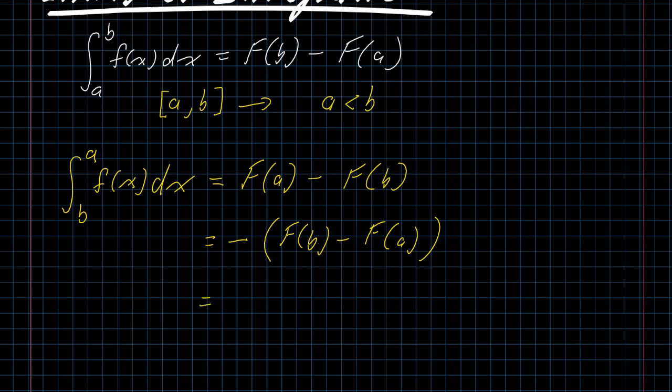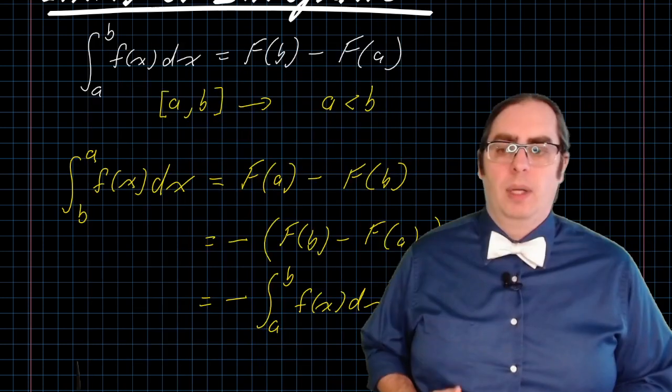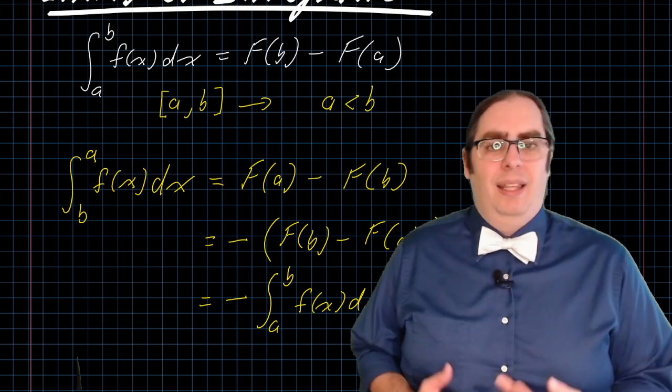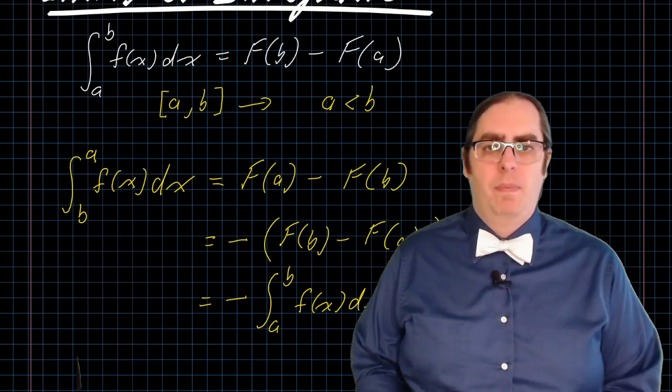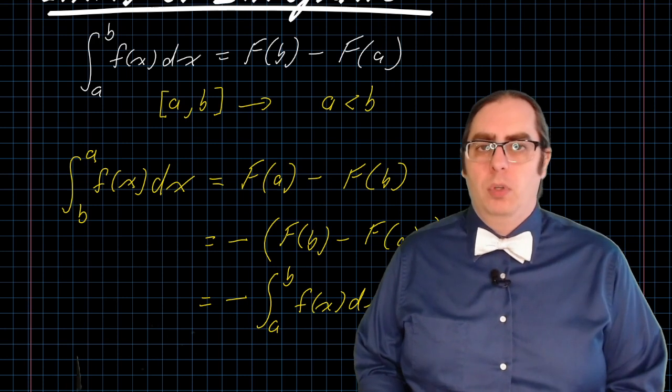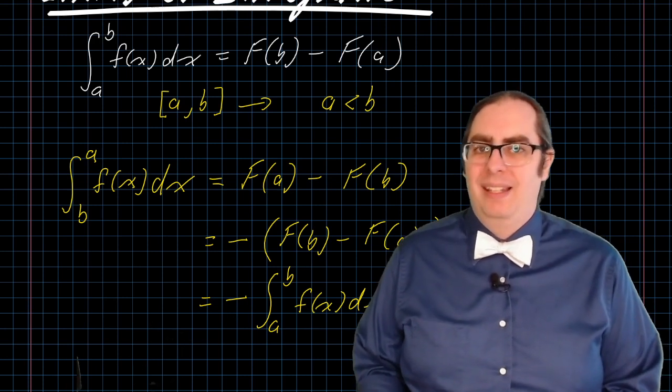But now that we've done that, we have the same integral from a to b of f of x dx that we're accustomed to, but with an extra negative in front. Ideally, this is a rule that never comes up. But the moral of the story is that we can deal with it.